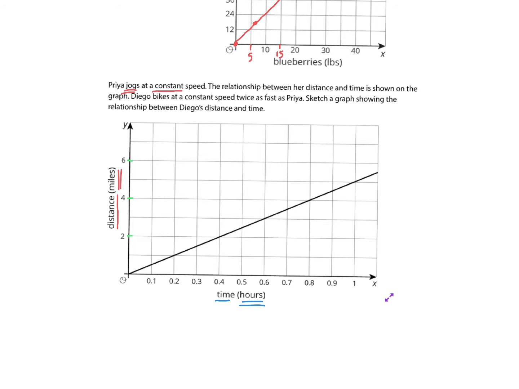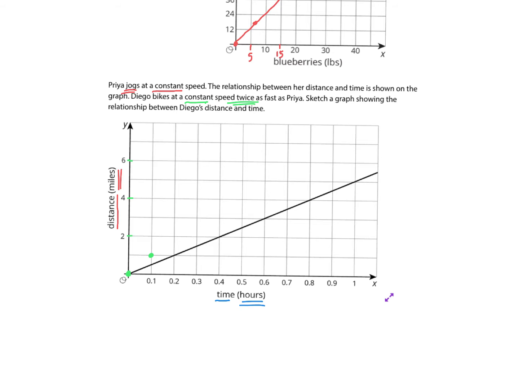Diego also bikes at a constant speed, but he's twice as fast as Priya. So you would imagine, I'll use green for Diego. He starts at 0, and notice that Priya after 0.1 is halfway between this marking, so he is twice as fast as her, so he's going to be all the way up. He's not just halfway up, he's all the way up.